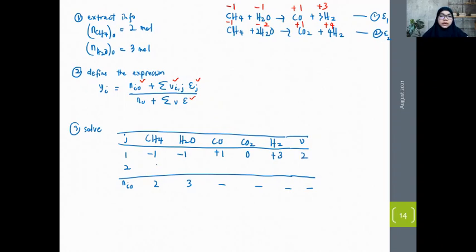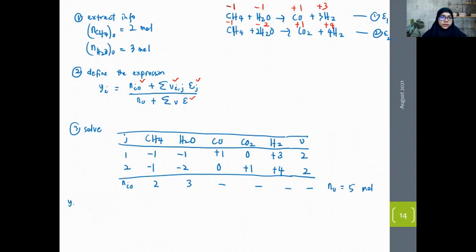Okay, how about the second reaction? -1, -2, CO is 0, we have +1 and +4, and the total stoichiometric number is 2. Okay, how do we solve this? We start with methane.